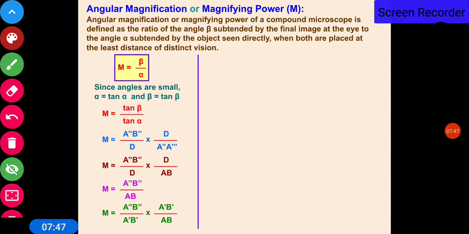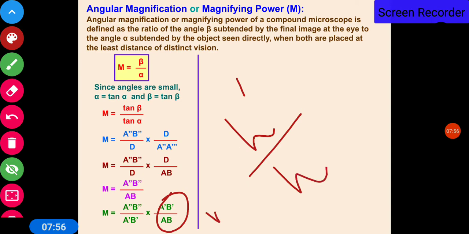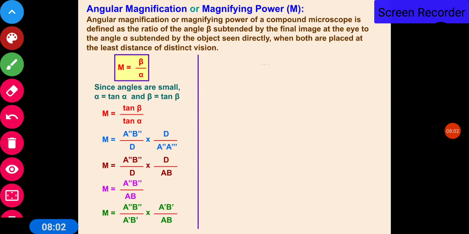And if we look here, this is the image for the objective and AB is the object. So this can be written as MO, that is the linear magnification for the objective lens. So in place of these two, we can write M is equal to ME into MO.